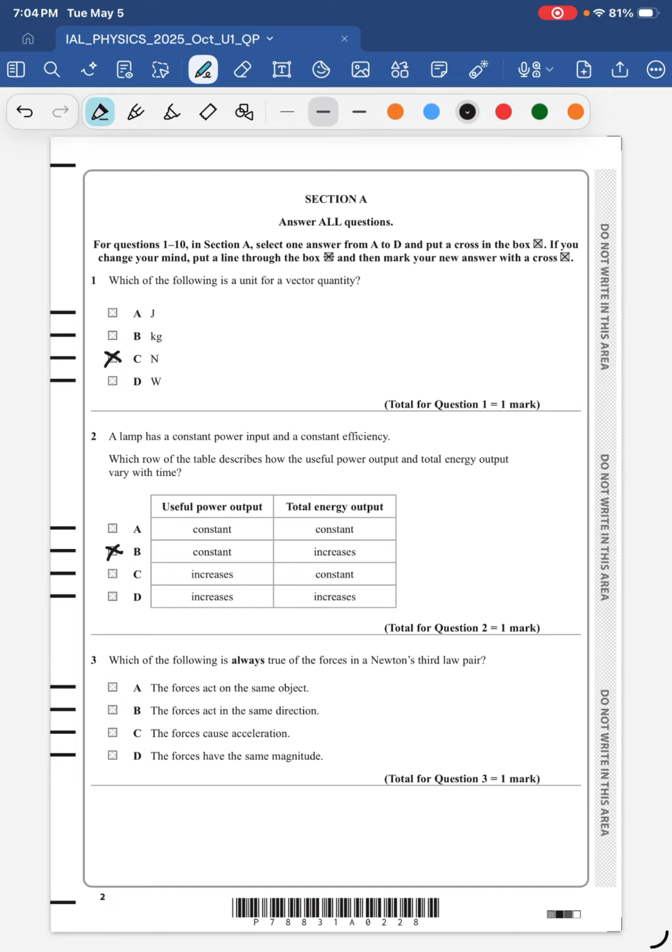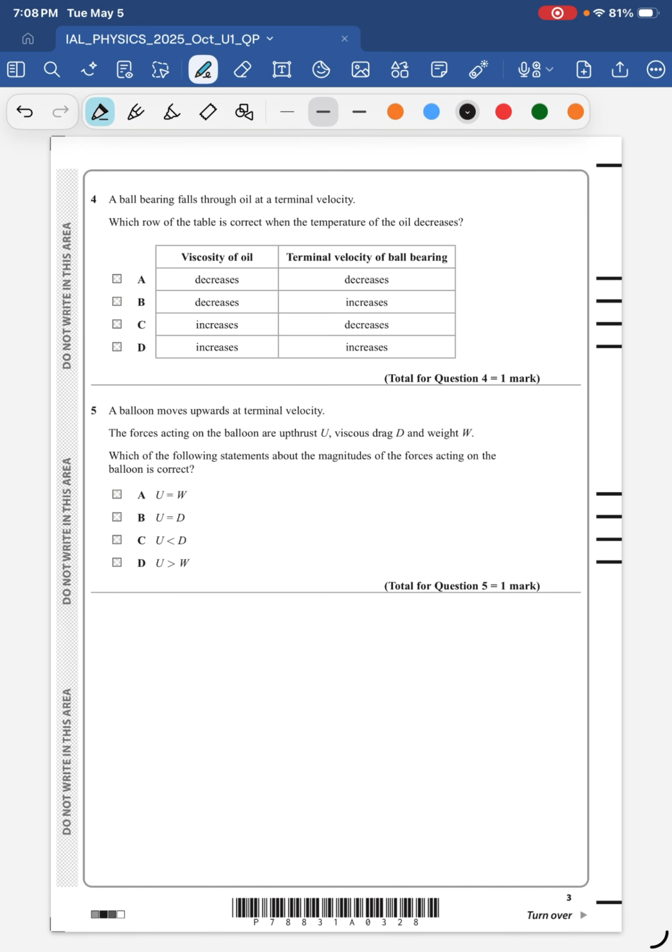Again, obnoxiously wrong, because they have to act in opposite directions. C, the forces cause acceleration. This is irrelevant. And D, the forces have the same magnitude. That's the correct answer. They do have to have the same magnitude, but opposite direction. So we can move on now.